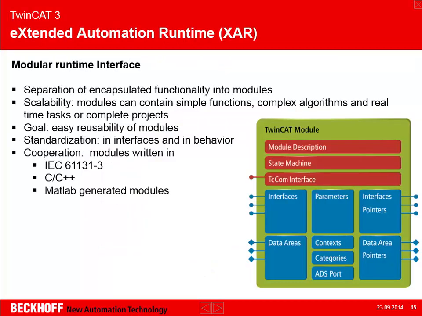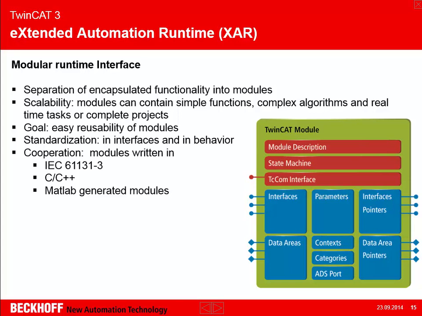Well, let's talk about the module concept in general. So we have a module language, and therefore we need a module description. So all the red parts, the module description, the state machine, and the interface to provide all kind of information what is available, this has to be done in every module, and the blue parts are optional, and they describe what optionally could have been available at that module.